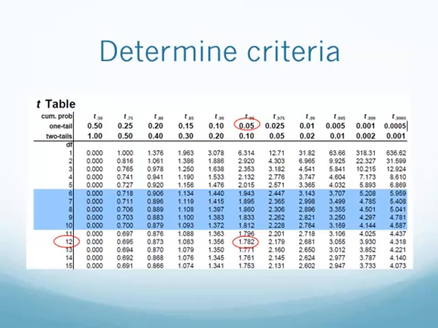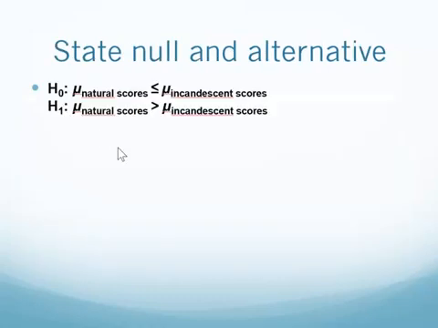This is something we need to keep in mind as we're going through step 2. Depending upon the directional sign of your alternative hypothesis for a 1-tailed test, that determines which side of the distribution your alpha, or not your alpha, your critical value goes on.